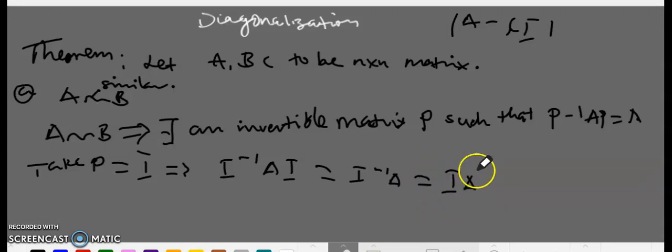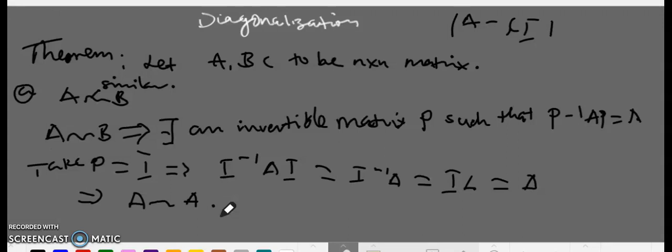We know that when you multiply identity with A, you will simply get A. So therefore, it means that A is similar to A. And this is how you prove that the statement is true. It looks odd, but when we go to computation, you will understand why this is similarity and why this is true.